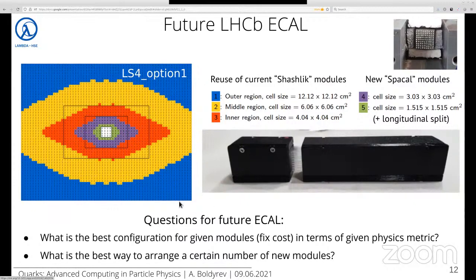This configuration is driven by the radiation dose maps. And the questions for this future calorimeter are: what is the best configuration for given modules within a fixed cost in terms of a given physics metric? And what is the best way to arrange a certain number of new modules?